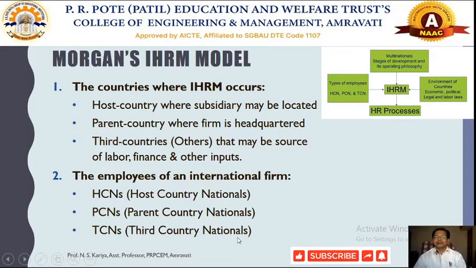So in IHRM, we are dealing with the HR processes of procurement, allocation and utilization of human resources with respect to different types of employees in a multinational firm, in different countries, by managing socio-political, cultural, legal, and labor laws within that particular country. Completely, we call that IHRM.